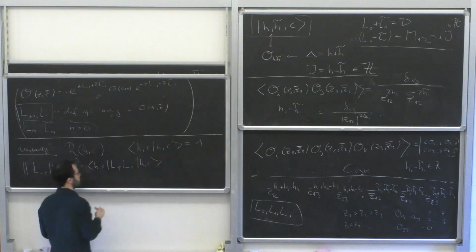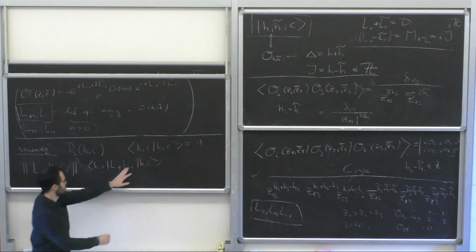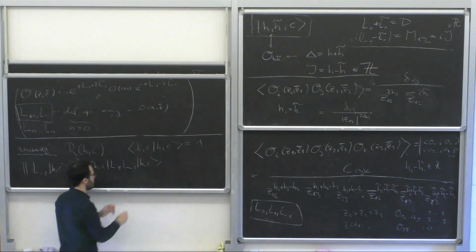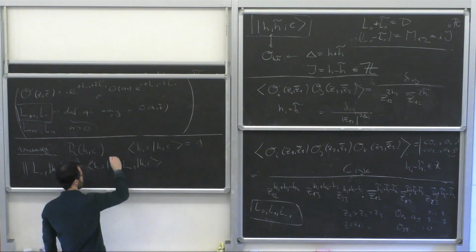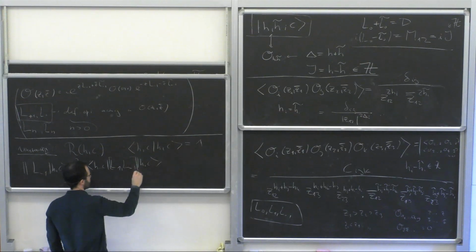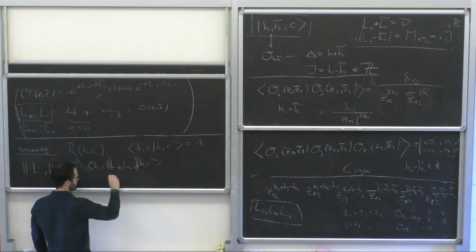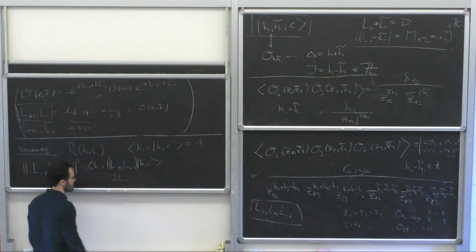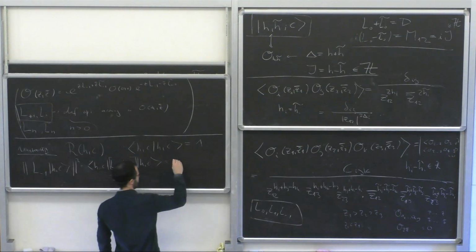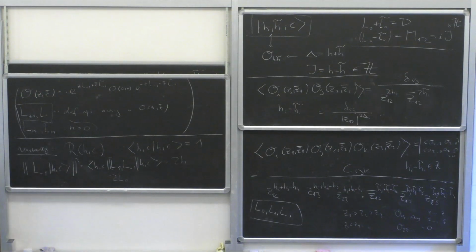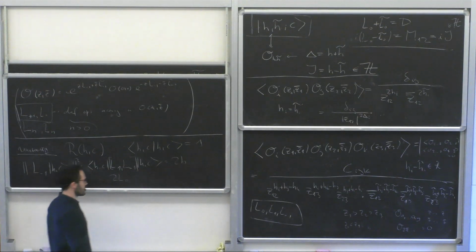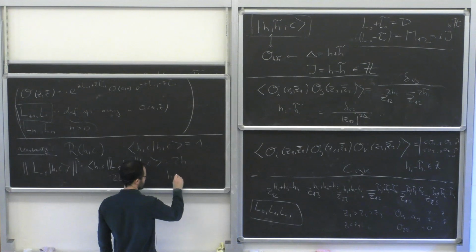Here we know that L1 annihilates the lowest weight state, so we can replace it with the commutator. Now use the Virasoro algebra. The commutator is 2L0, so this is just 2h, right? So we learn that h better be non-negative, otherwise there is a negative norm state.